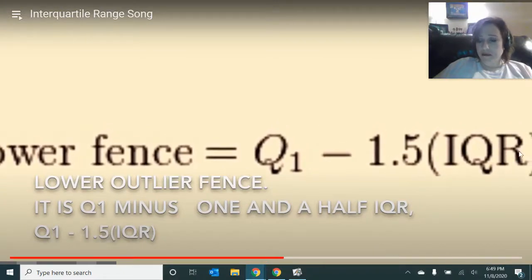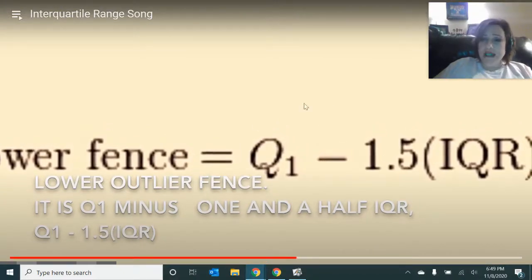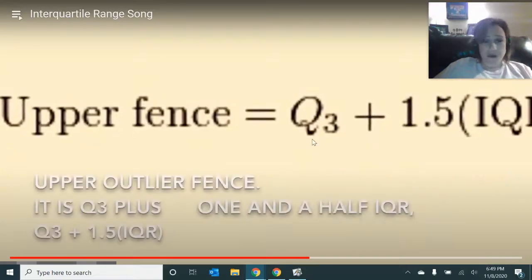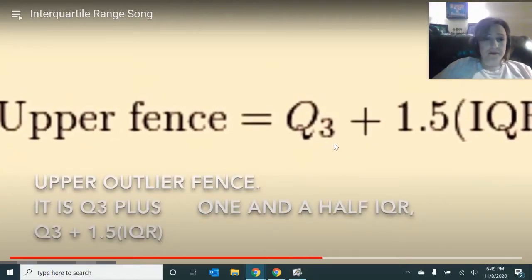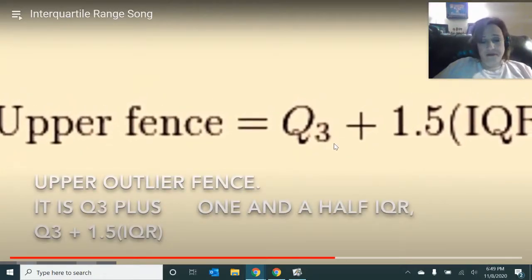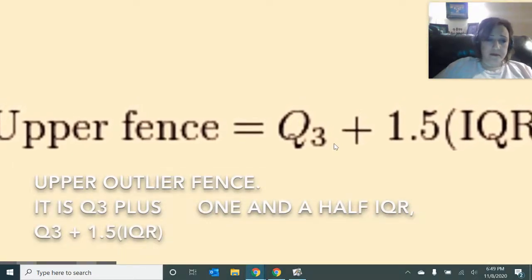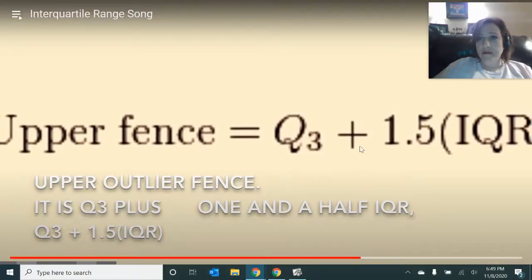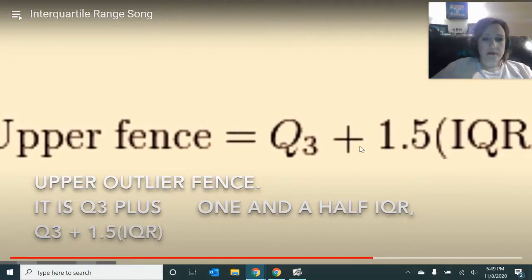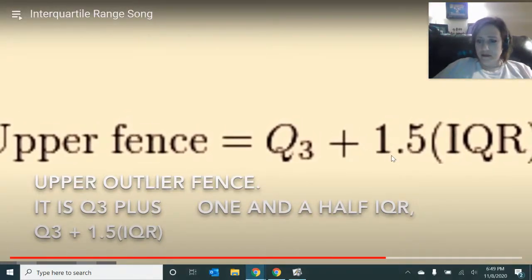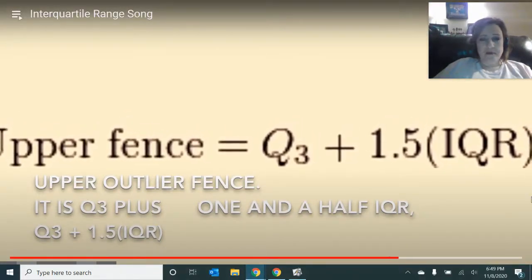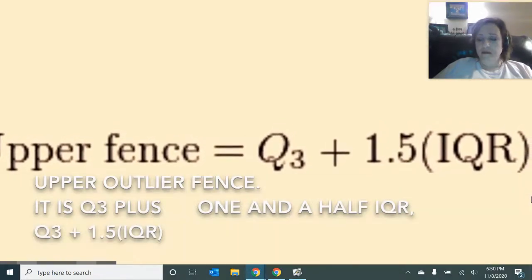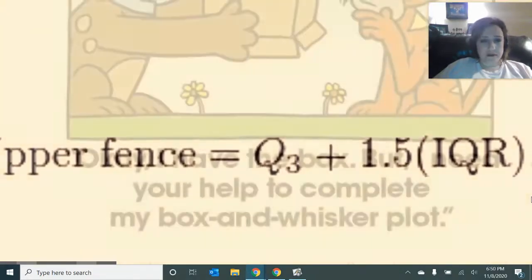Q1 minus 1.5 IQR. So memorize that lower rule. Here's the upper fence rule. Upper outlier fence. It is Q3 plus 1.5 IQRs. Q3 plus 1.5 IQRs.